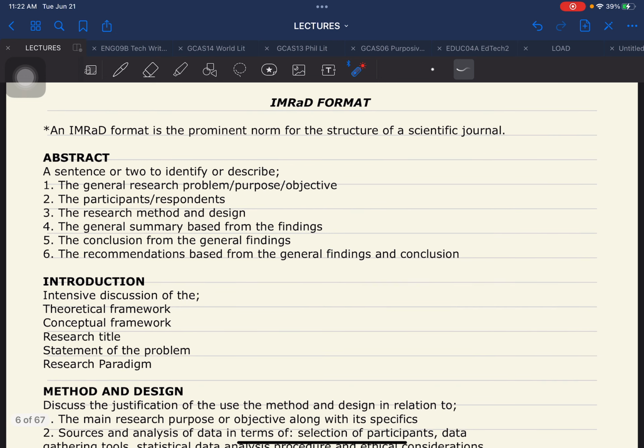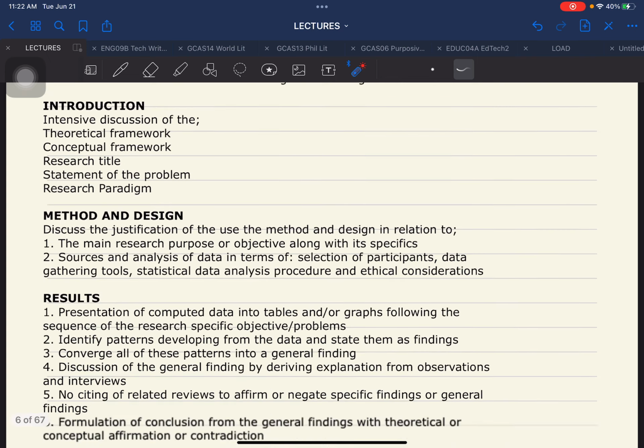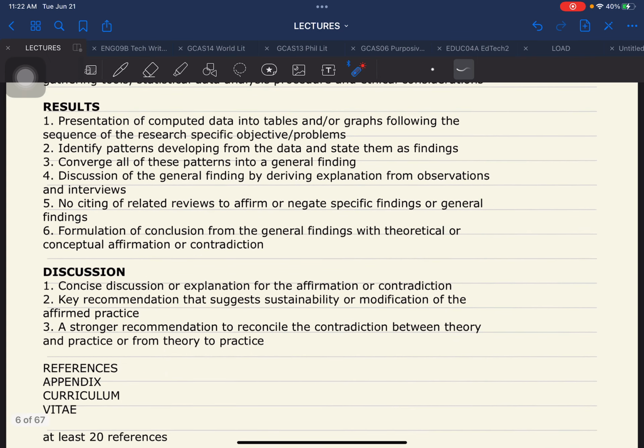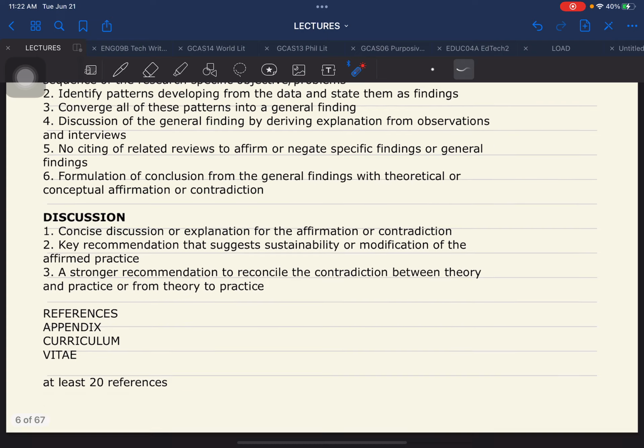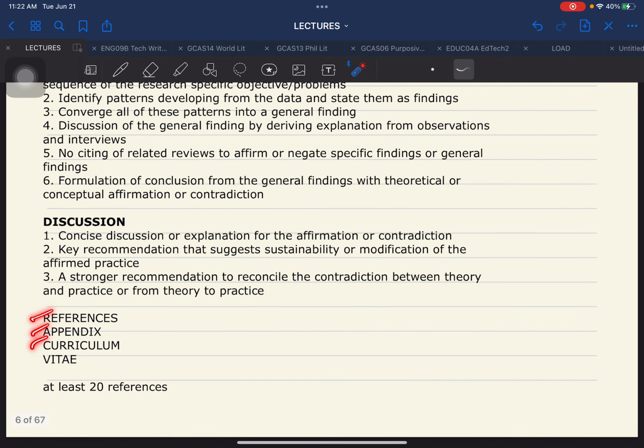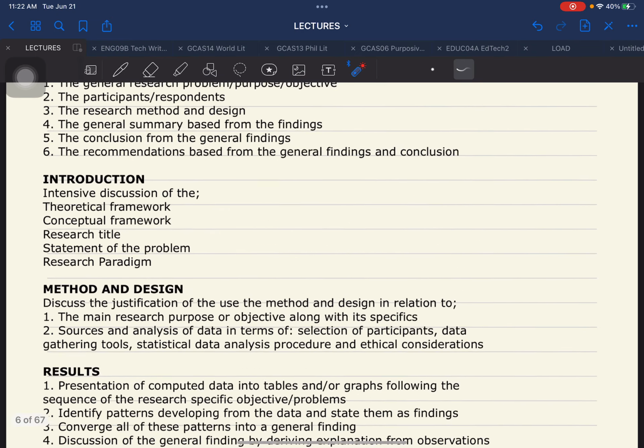Okay? So the IMRAD format, if your study is already completed up to the last part, then you will be including the abstract of your IMRAD format. So IMRAD stands for Introduction, Method and Design, Results, and Discussion. And then you have the following parts that should also be included in your IMRAD format.